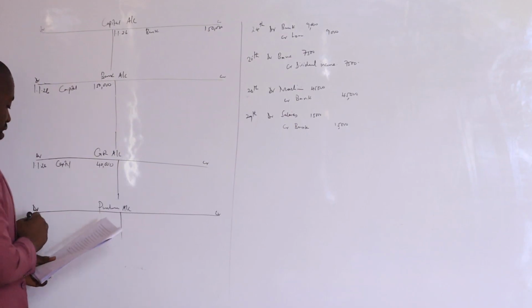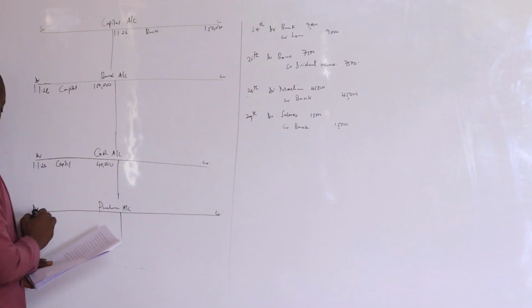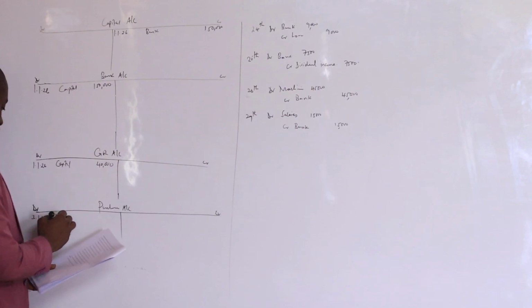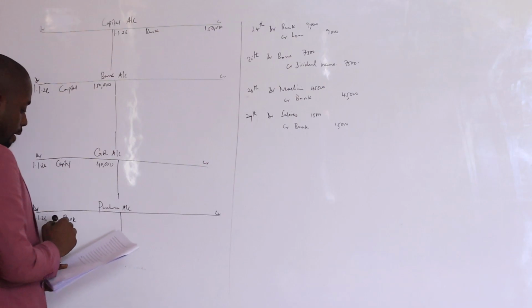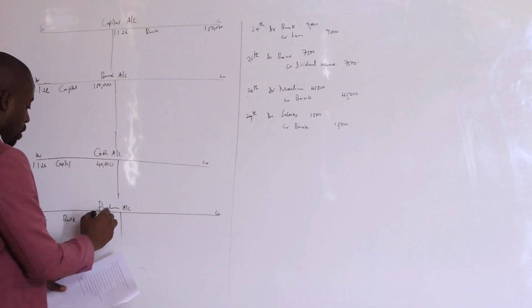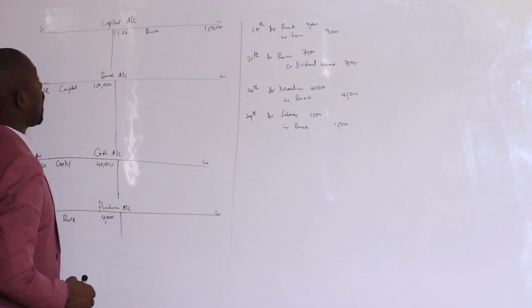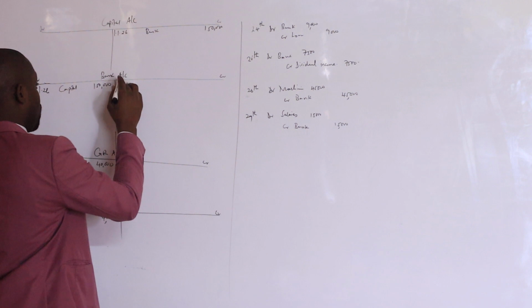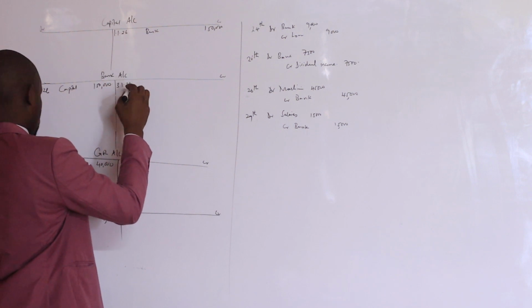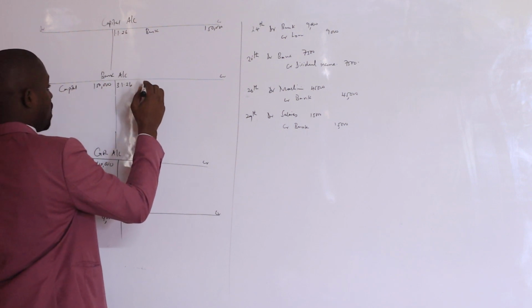So that is on 3rd January 26. That is bank, 4,000. In the bank account, I will record it on the credit side. That's on 3rd. We call it purchases.